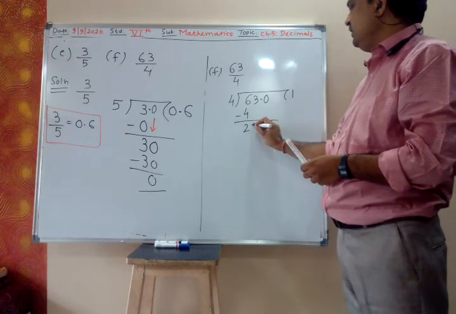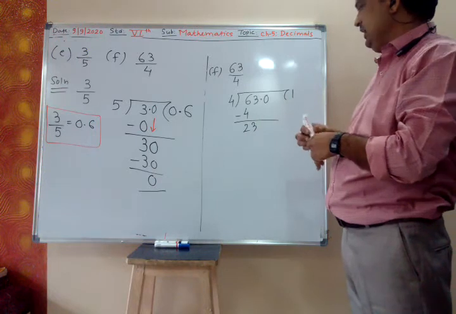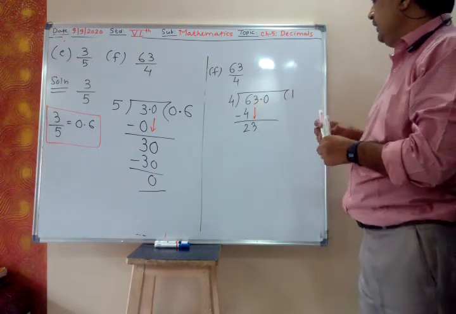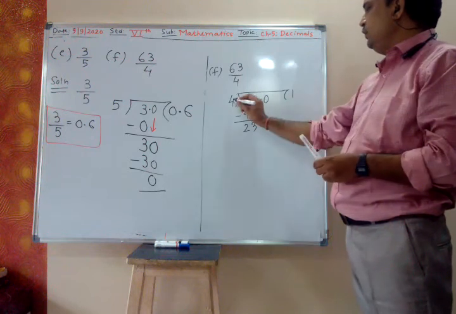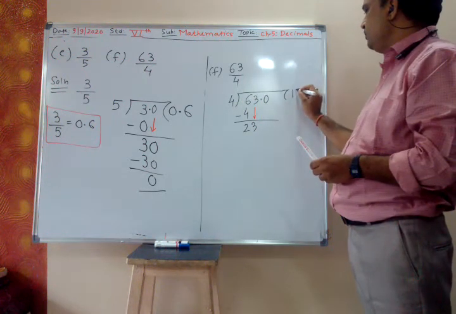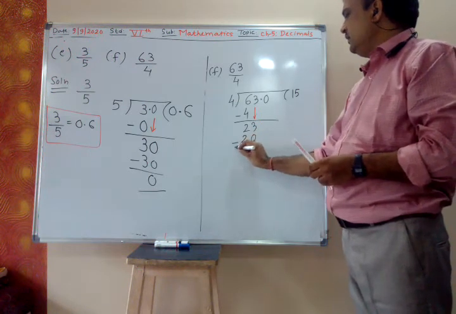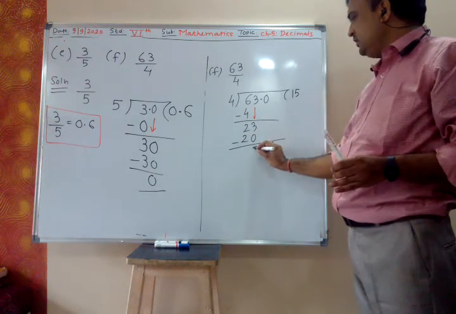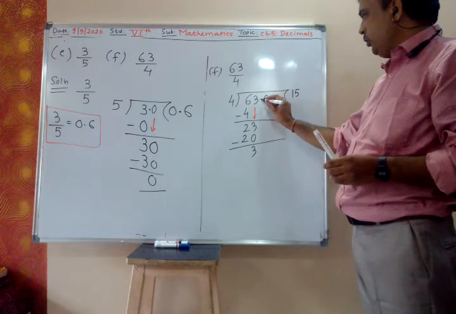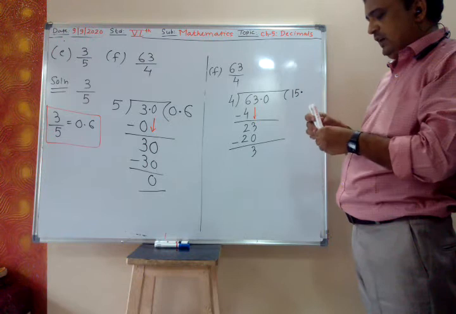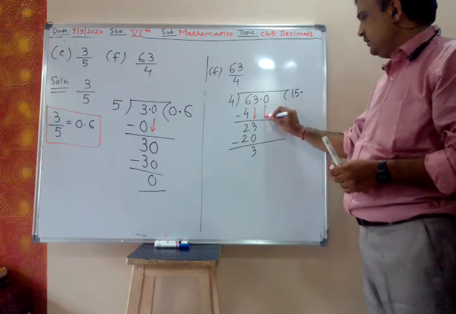Then it is 23. Then 3 is carried. It is 23. But there is now, it is 4 5s are 20. You have to take the lesser number. Now it is 3. Now it is point. So I will write point. Then 1 0 I will carry it forward.